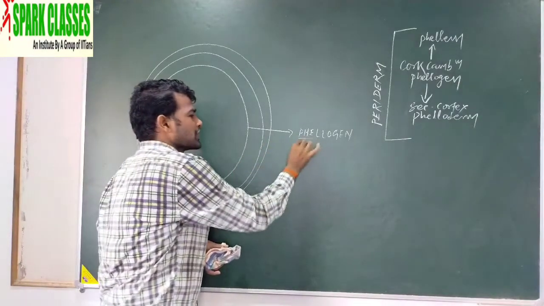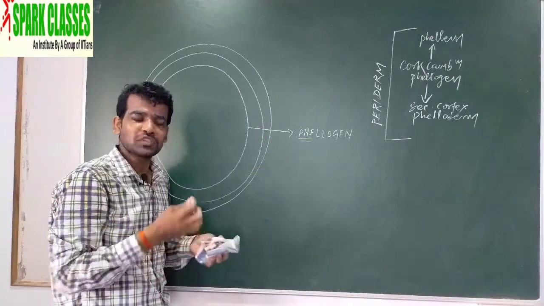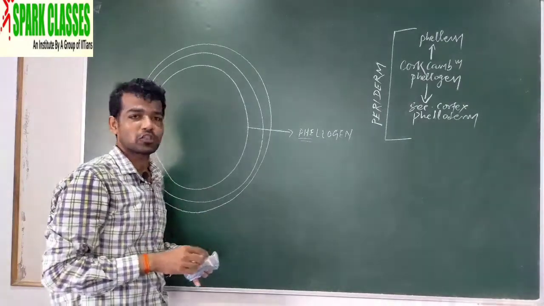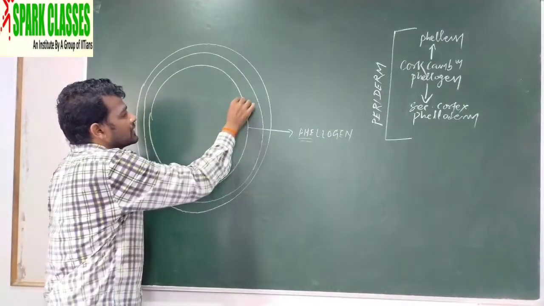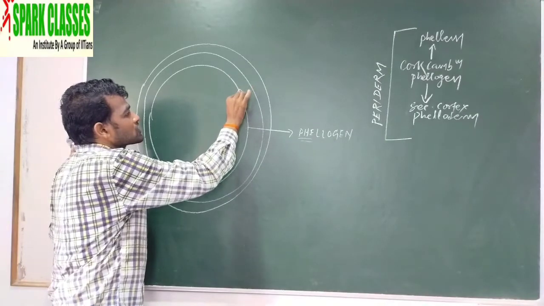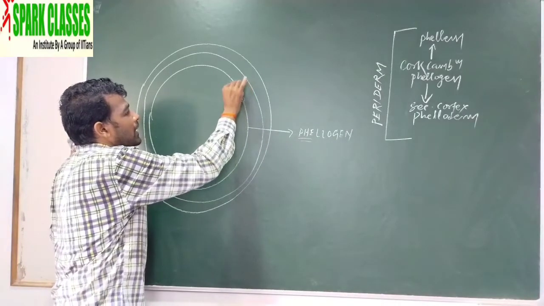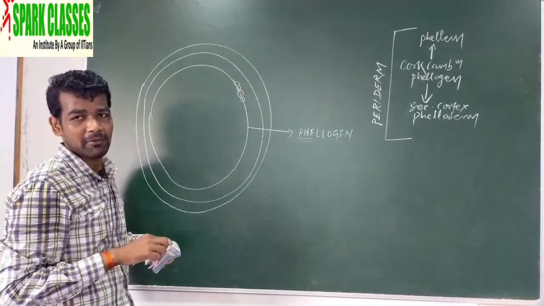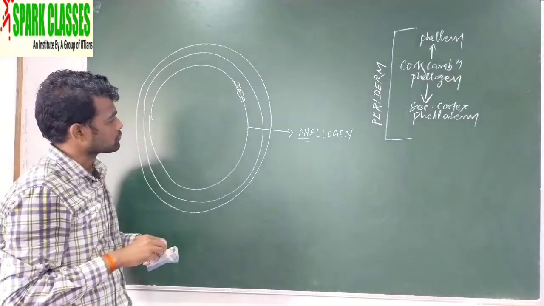But this phellogen sometimes produces parenchymatous tissue. It divides to produce parenchymatous tissue. Already we have discussed what is parenchyma, collenchyma and sclerenchyma. These are three types of permanent tissue.